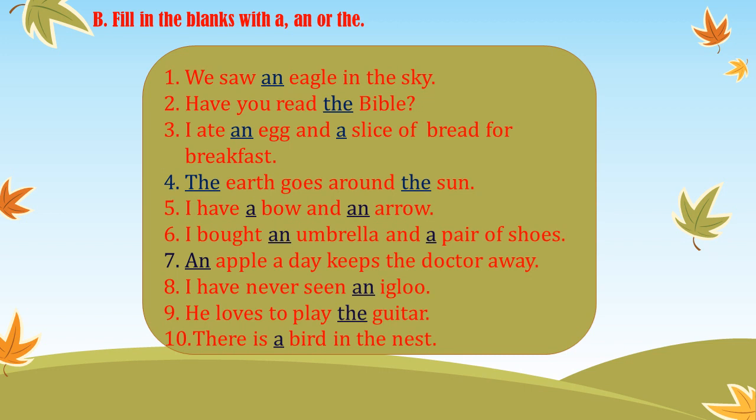Here the answer is an apple because we use an before the words beginning with vowel sounds. The next one is: I have never seen dash igloo. Here we will use an because the word igloo begins with a vowel sound.